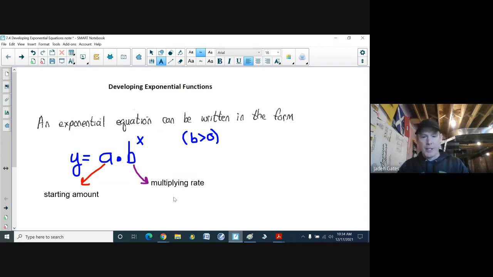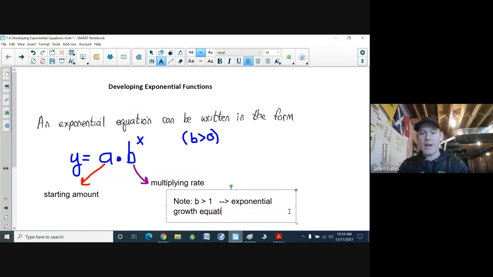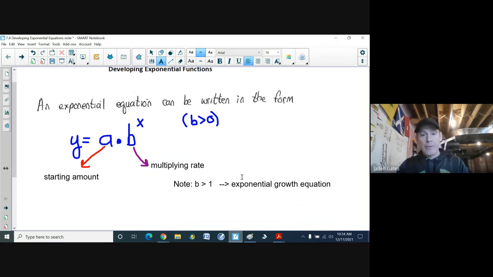Now, a couple of things with the multiplying rate: when b is greater than 1, that's when we have an exponential growth equation. So you won't even have to look at a graph. You can just tell by looking at the equation that if your b value is greater than 1, you have an exponential growth equation.